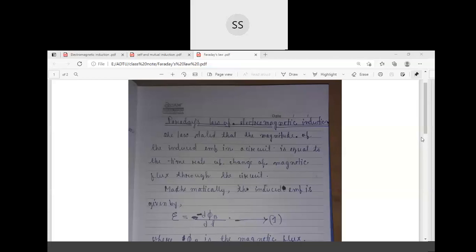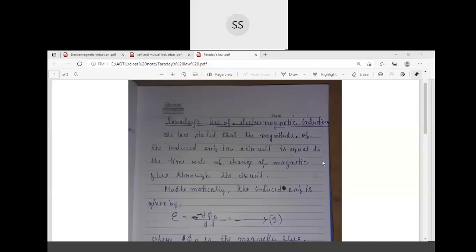So the magnitude or the amount of induced EMF produced in a closed circuit can be determined by the time rate of change of magnetic flux through the circuit. Let me explain that.